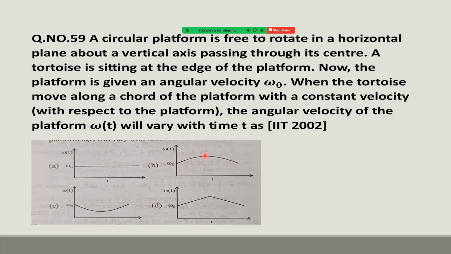And after that, when it continues to move, its distance from the axis of rotation will increase, meaning the I value increasing. So omega value will decrease. So option B is matching, right? And coming to option C, it is not correct, because first omega decreasing, then omega increasing. So the correct one is option B, right?